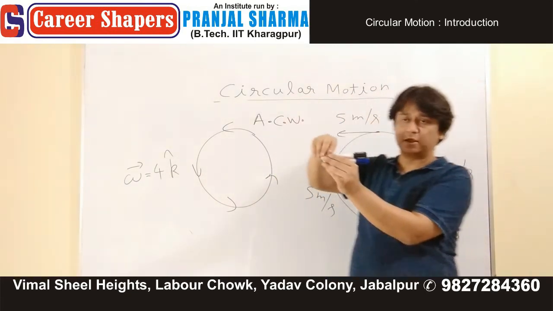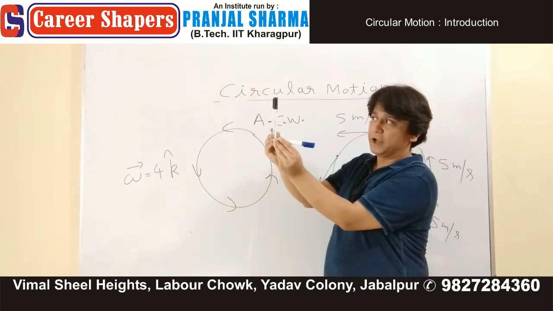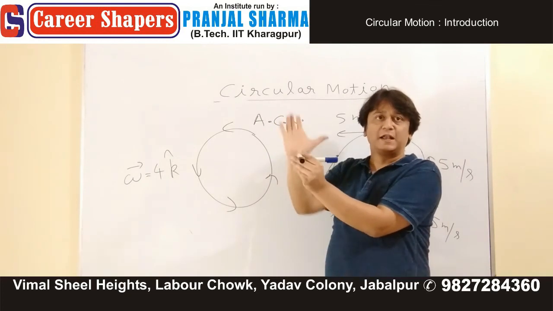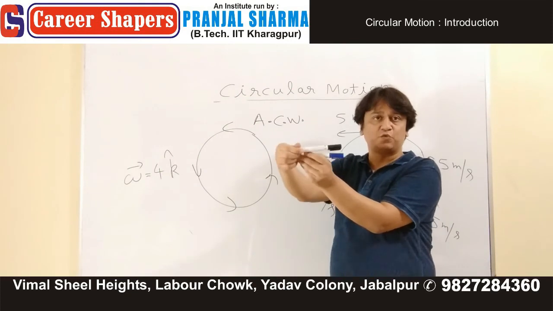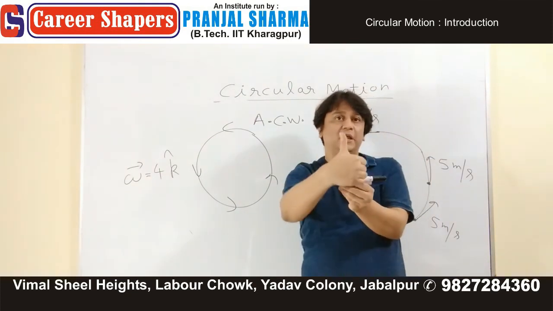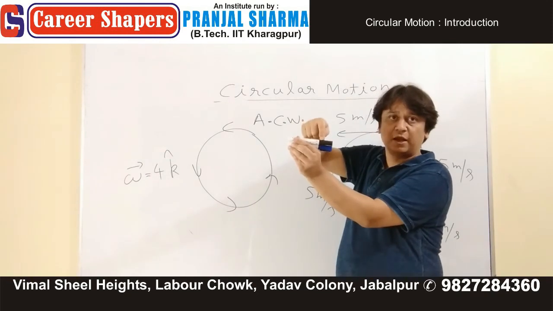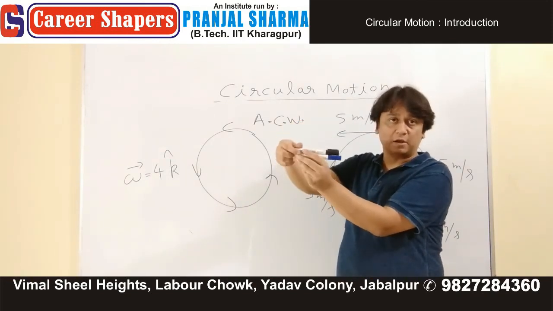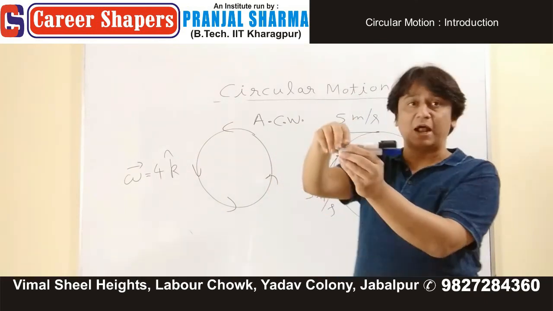Then I rotated this thing in this direction, it will be called 90 i cap. Then I rotated it this way, it should be called 90 j cap. But you can see that ultimately this black marker is aligned with the blue marker. I don't know if you can feel this, but let me try again.